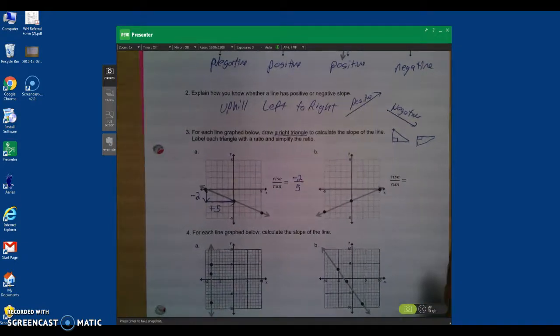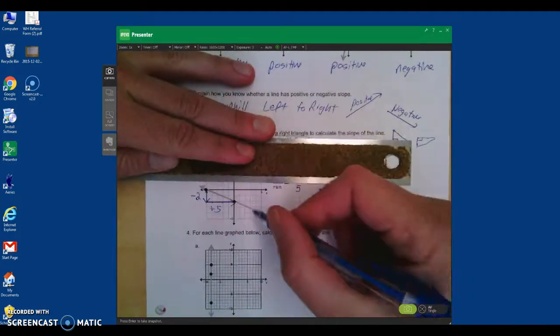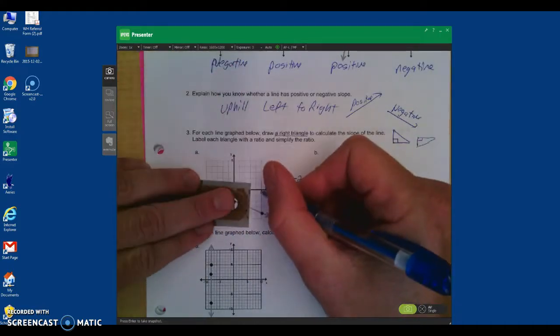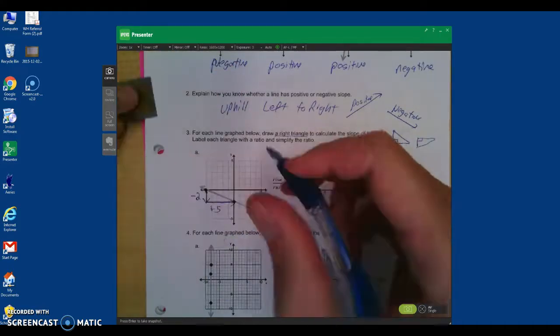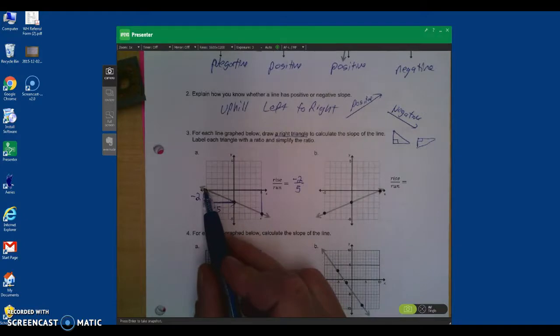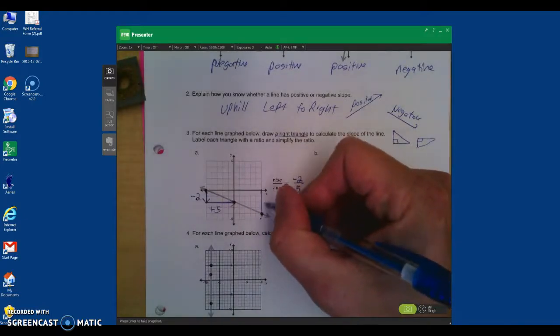Now I want to show you something else. What if I would have just said, instead of this triangle, since this line is the same no matter what, if I was to actually use this right triangle right here, how do I get from here to here? Well, wouldn't I go up 1, 2, 3, 4, up 4?